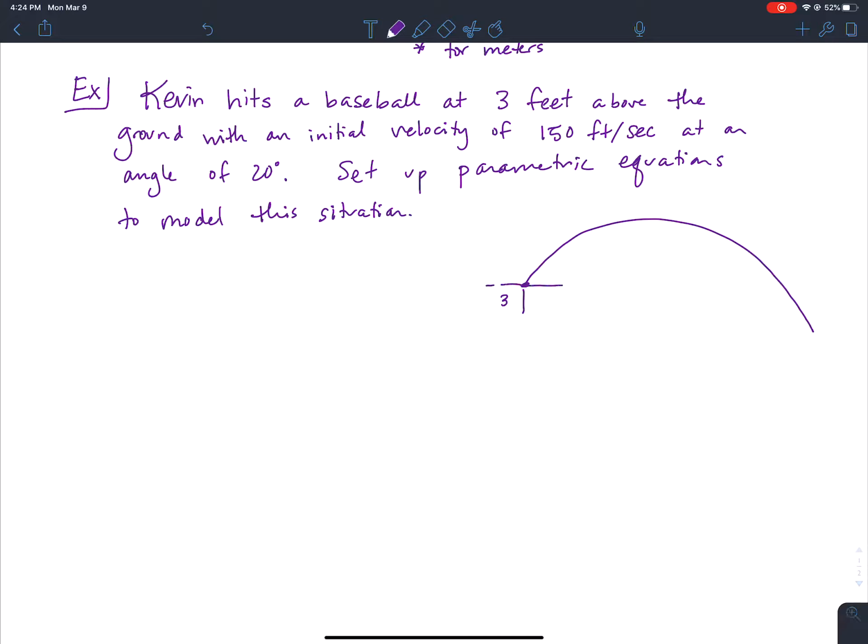The angle at which he's hitting this at is 20 degrees, right? And then the initial velocity, so this little vector right here, that force at which he's hitting this is 150 feet per second.